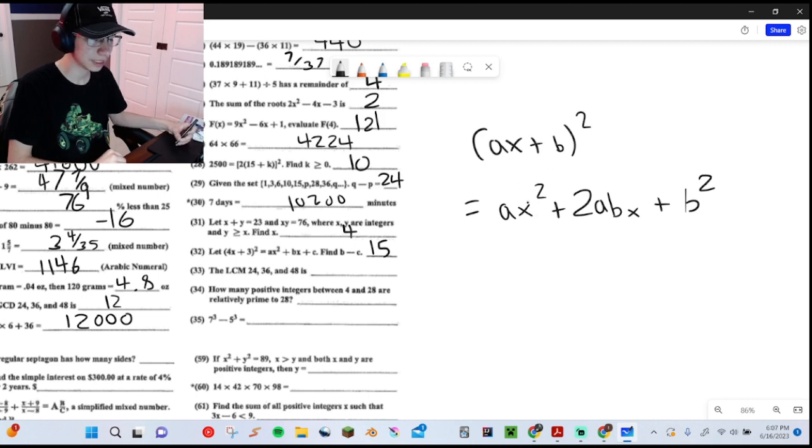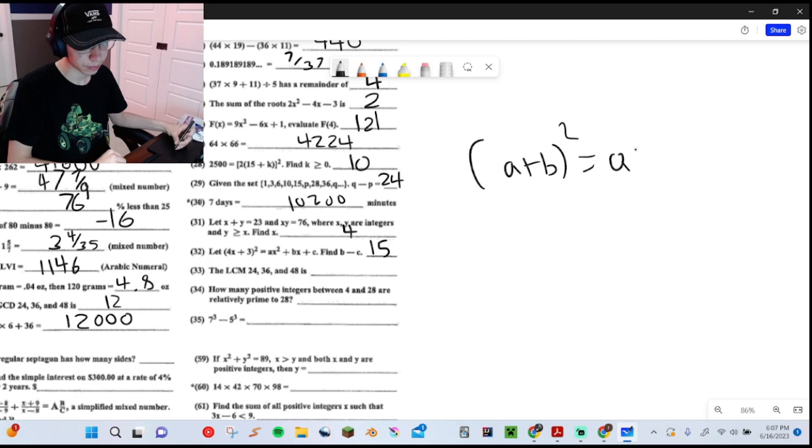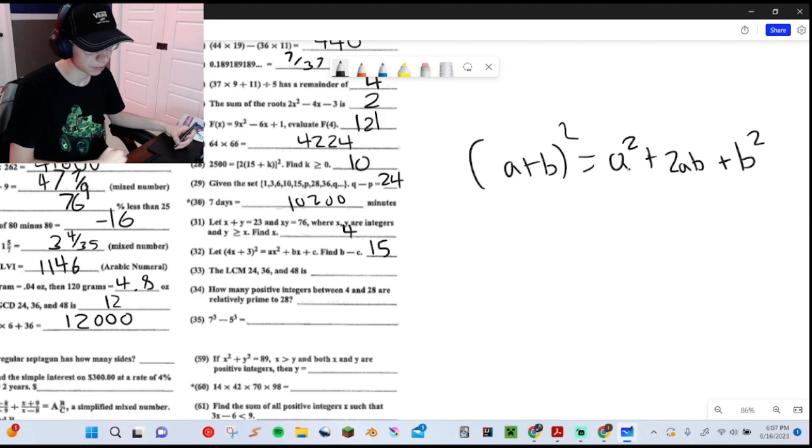Really, let's pay attention to those coefficients. Let me remove the x to make it a little more clean. So a plus b squared is always a squared plus 2ab plus b squared. It's like this little sandwich, the squares and then the 2ab in the middle. So if you remember this, you can get every term off the bat.